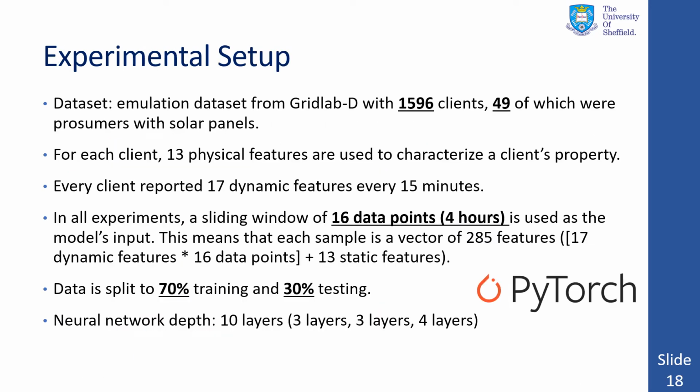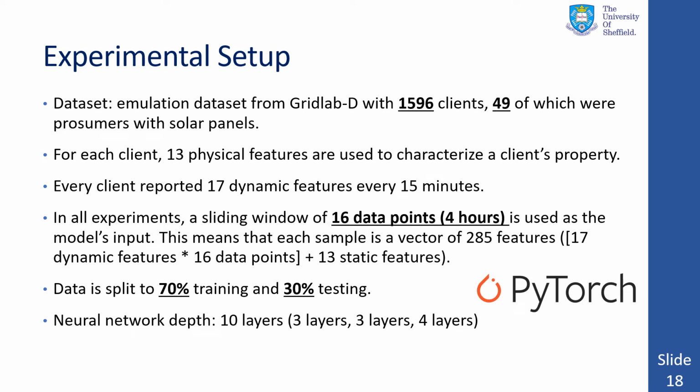In order to evaluate our proposed detection approach, we ran a number of experiments using this experimental setup. For the dataset, we used our own dataset generated using an emulator called GridLabD. GridLabD is a smart grid emulator, and in our emulation, we had 1,600 clients. 49 of those were prosumers with solar panels.